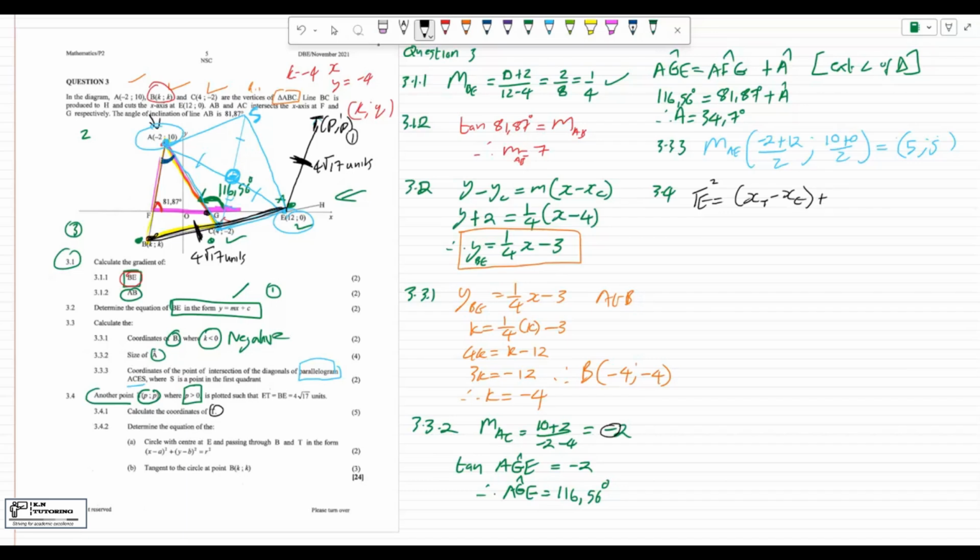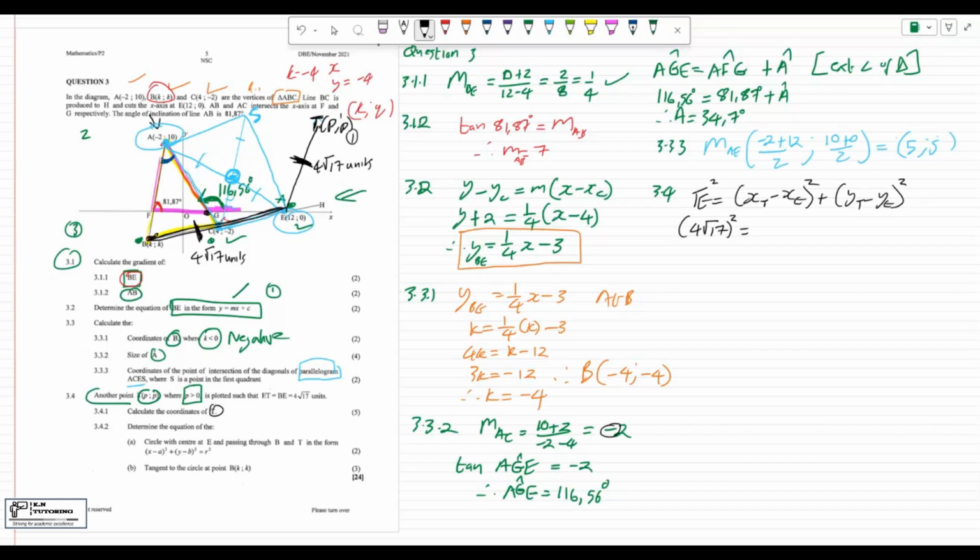It's a plus because we are adding. Now, what is the length from T to E? It was given to us as 4 square root of 17, squared.